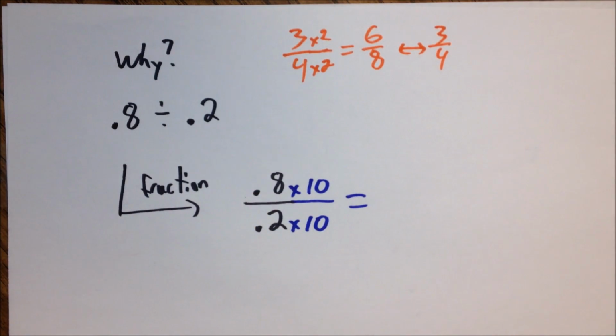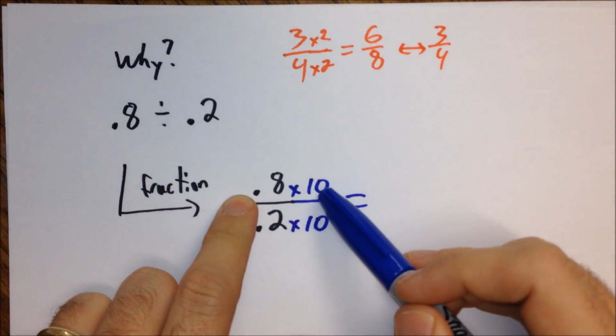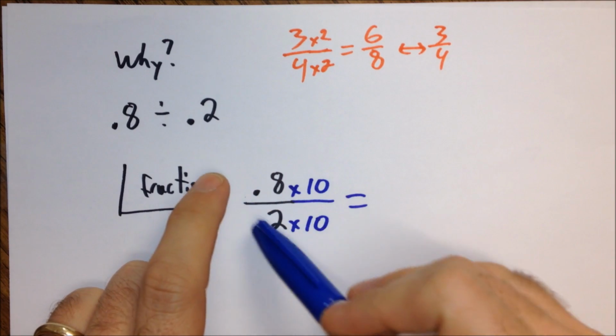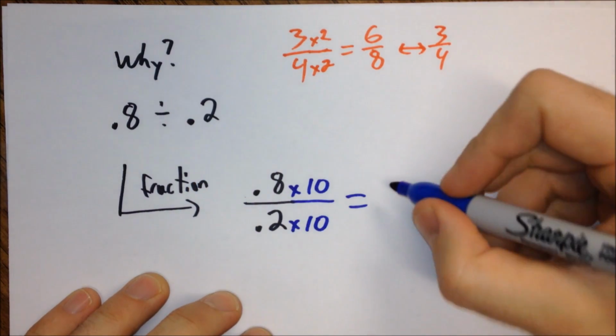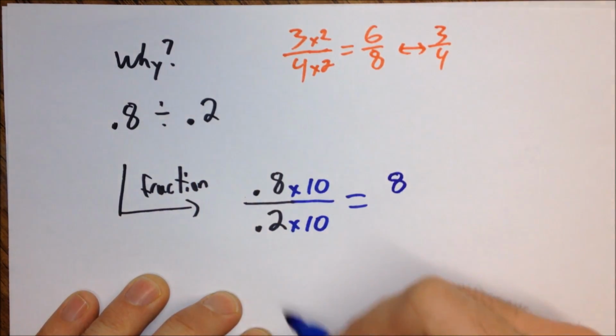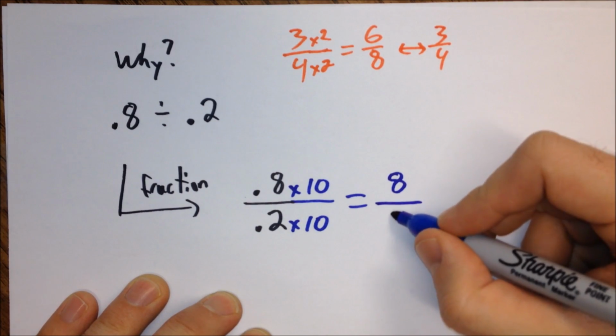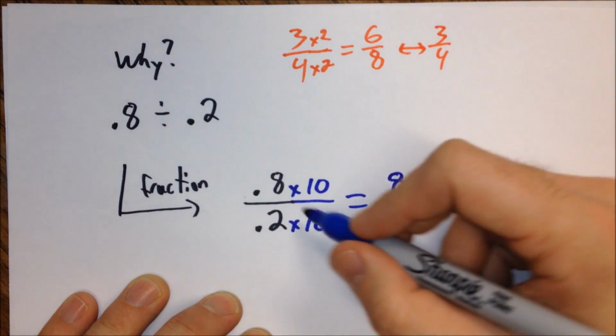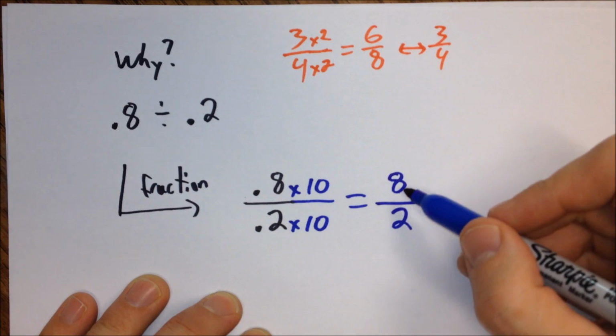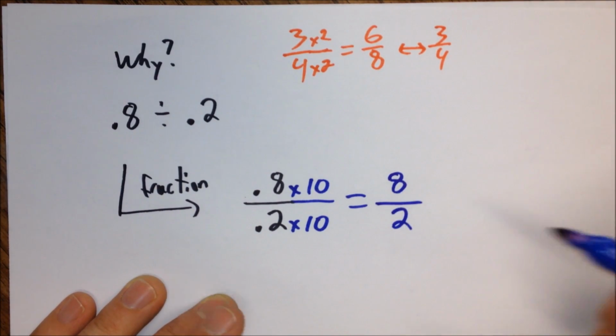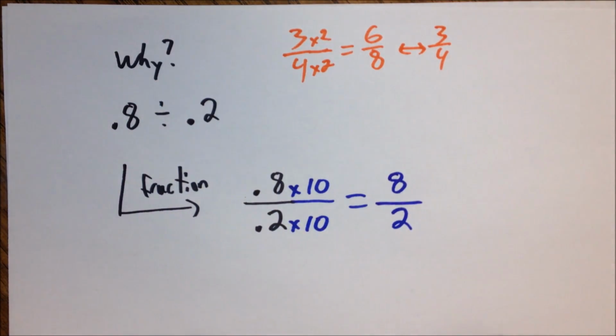Well, remember, when we think about decimals, we think about multiplying by tens, move the decimal points to the right or left. And so this 0.8 times 10 gives us the number 8, and this 0.2 times 10 gives us the number 2. And so 0.8 over 0.2 is the same as 8/2, or 8 divided by 2. So that's why when we divide, we move the decimal point the same number on both parts.